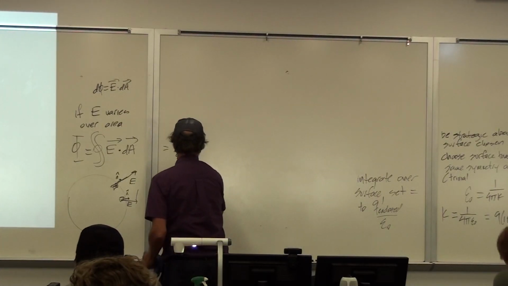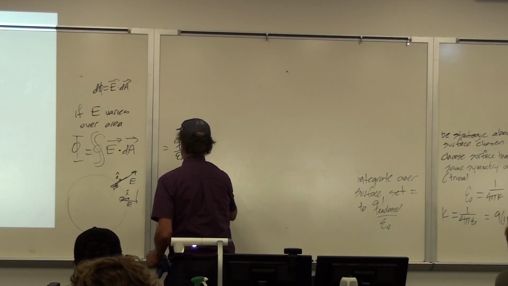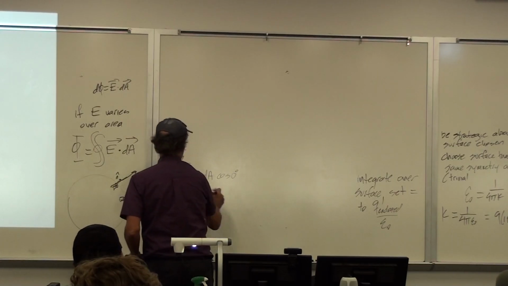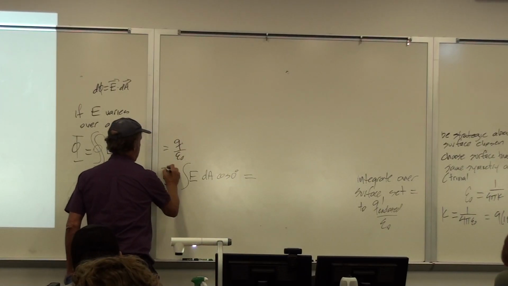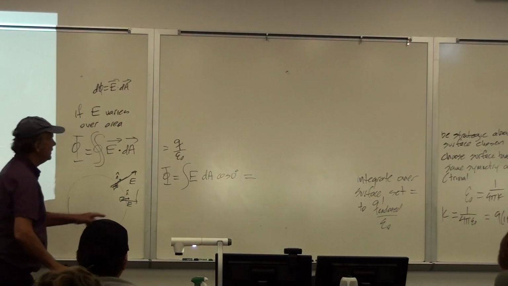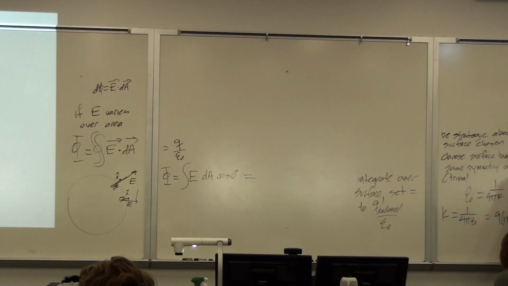We can say then that E times dA times the cosine of 0 degrees, that's our flux, because every one of the E dAs has a cosine of 0.